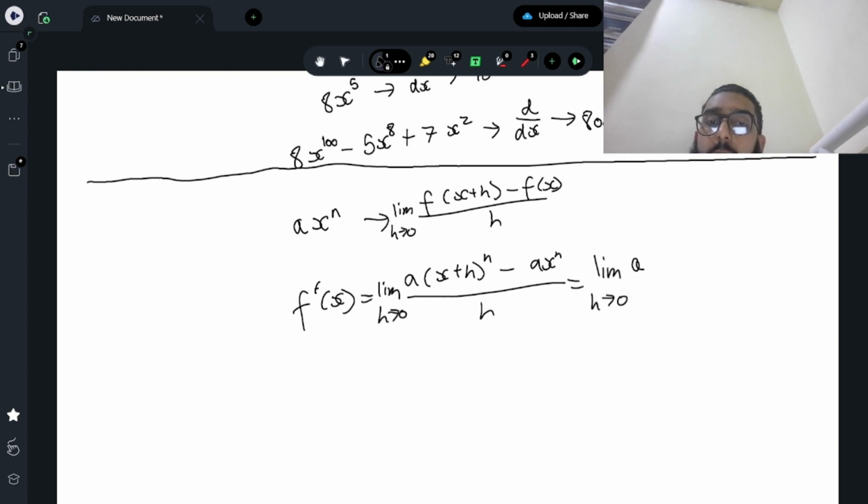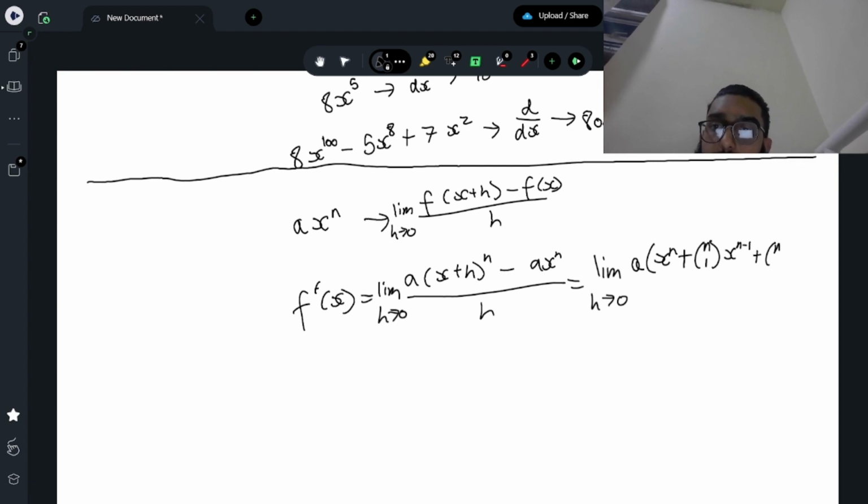So that's going to be a, and then it's going to be x to the power of n plus n choose 1 x to the power of n minus 1 plus n choose 2 x to the power of n minus 2, and so on. There's going to be a lot of terms, as many terms as this n is.